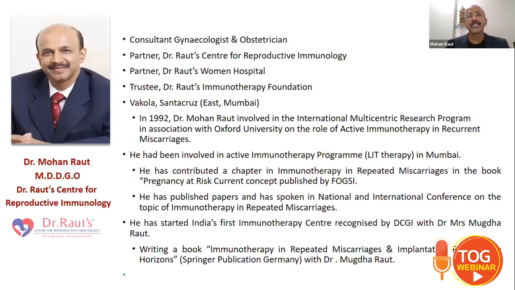In our practice, we come across these patients of recurrent pregnancy loss or repeated implantation failures, where in certain patients, or to the extent of almost 50% of patients, we don't find the exact underlying cause. We label them as unexplained. We are not able to help these patients, and these patients many times are left to nature.